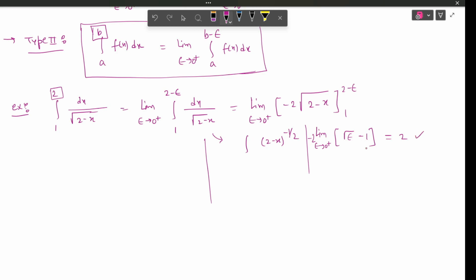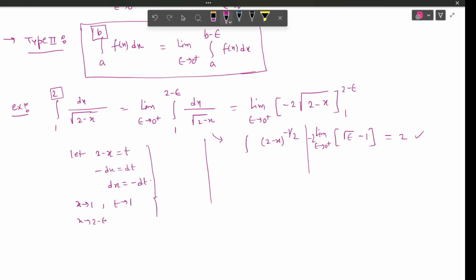This is your answer. Now if you are not habituated with this type of integration, let 2 minus x be t. Then differentiate both sides with respect to x: differentiation of 2 is 0 and differentiation of minus x is minus dx. So this would be dt, so dx would be minus dt. Now in the definite integral we have to change the limits also. When x tends to 1, t tends to 1, no problem.